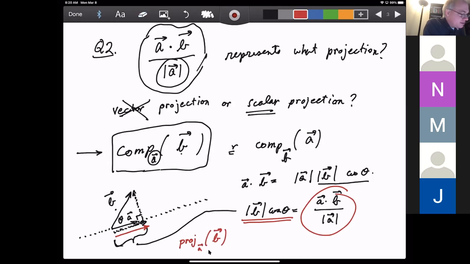this is the notation for the vector projection. And we know that if we want to build a vector with a certain direction, a certain length, we can take a vector that's a unit vector in the direction we want, and then multiply that by the scalar corresponding to the length we want.